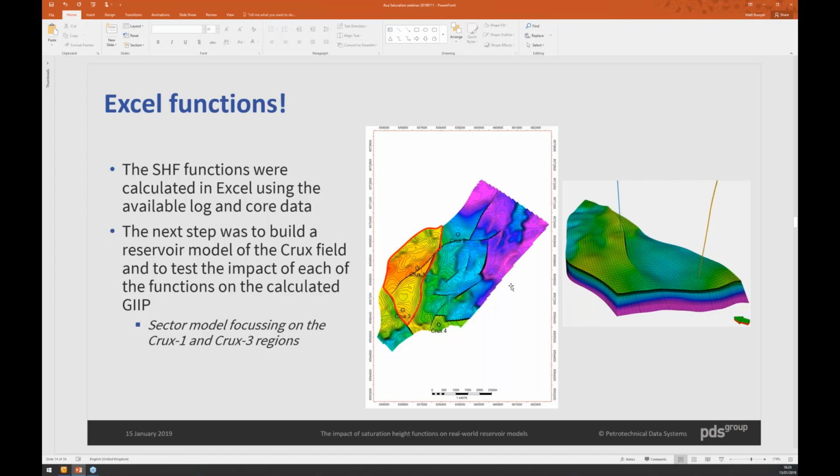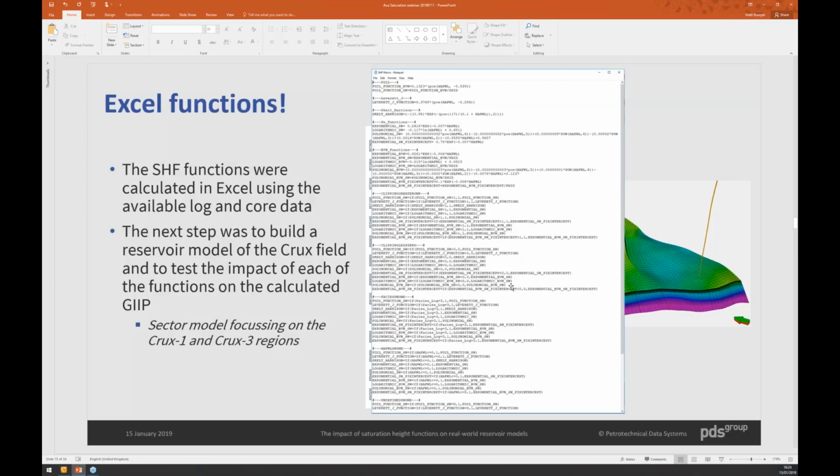What I can then do is use this massive, great big long if statement of all the different saturation height functions that I've developed, and apply those to the reservoir model. I'm having to be careful, of course, of getting the syntax correct between Petrel and Excel, and doing all the various clippings and setting things to 0 that you need to do to get things to work properly in Petrel.